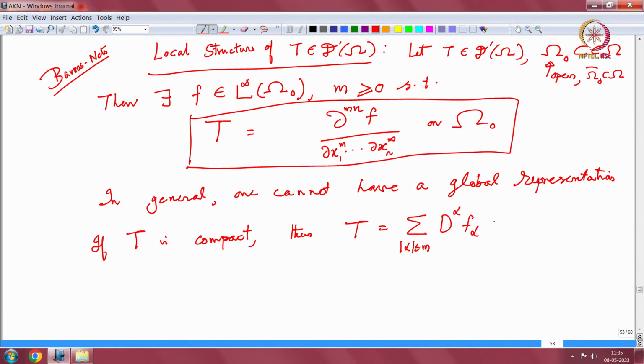Even if f alpha are nice functions, D power alpha is still a derivative. So we are not writing T as a function, it is a derivative of nice functions. Okay.